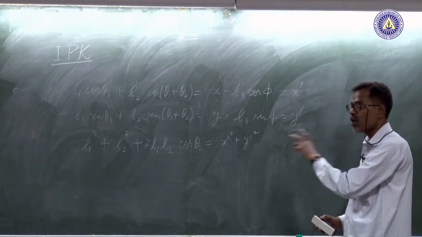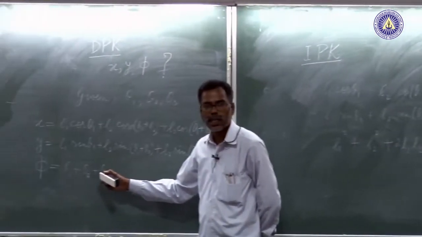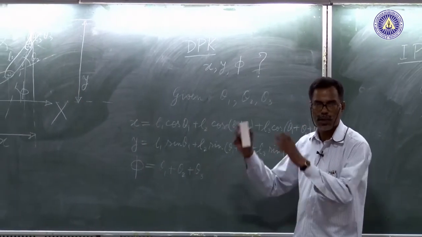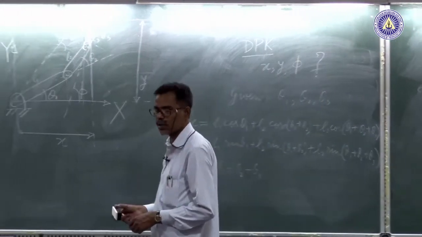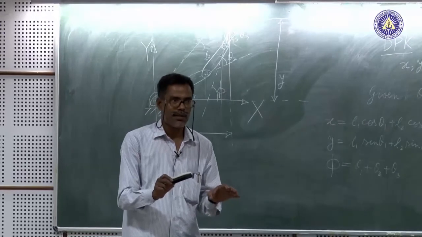Now, we go all the way back to this which we had got rid of in the first step and get theta 3. This is the process to solve the inverse position kinematics problem. This was not very difficult, but this also took so much work.